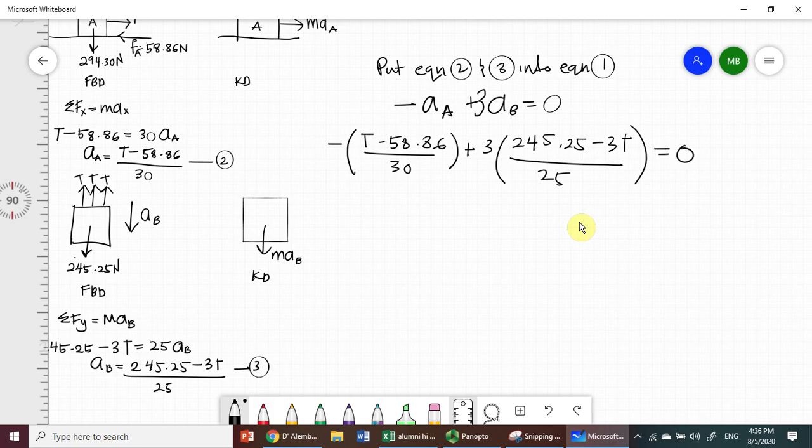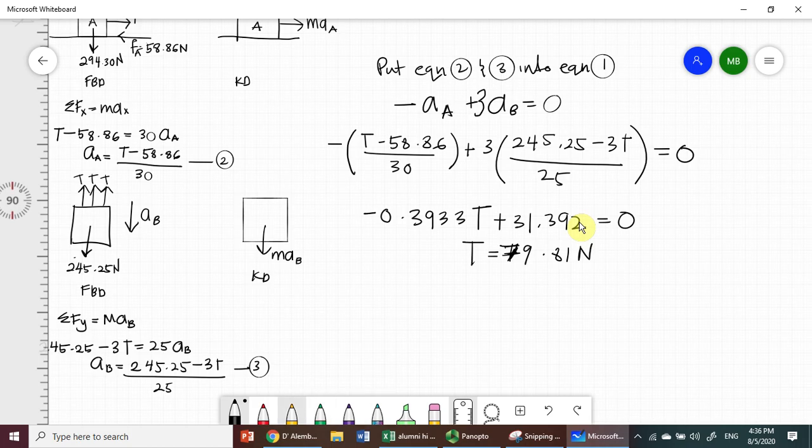If you simplify this, you will get negative 0.3933 T plus 31.392 equals 0. Then you can get your answer for T, which is 79.81 newtons.